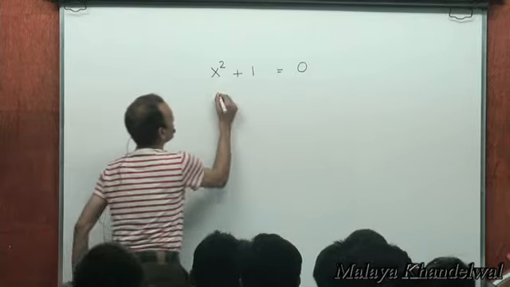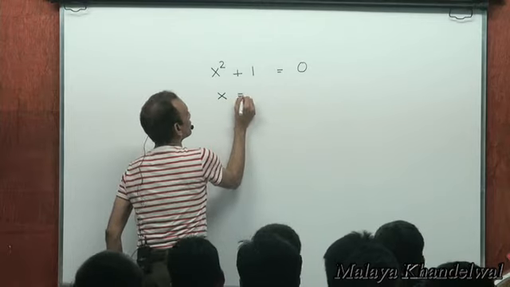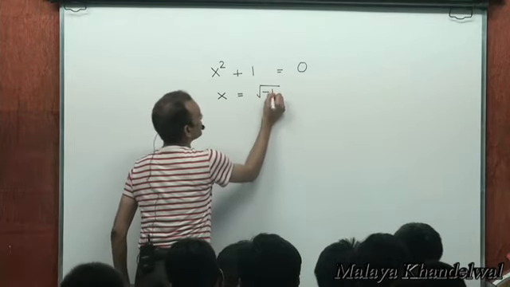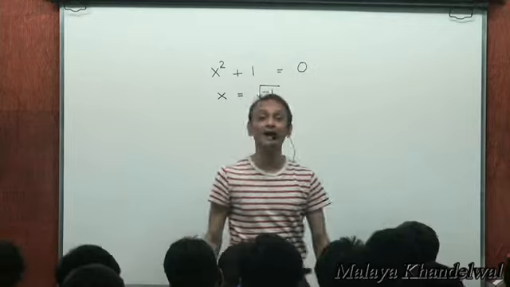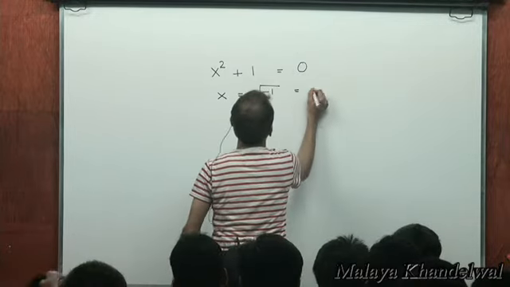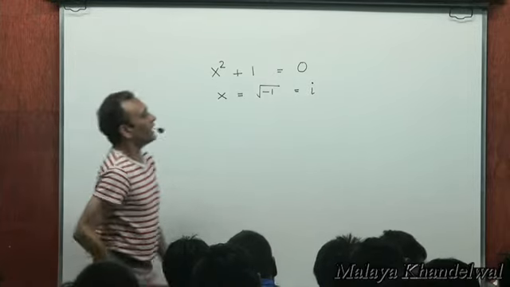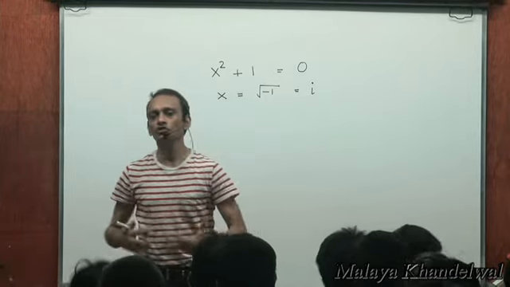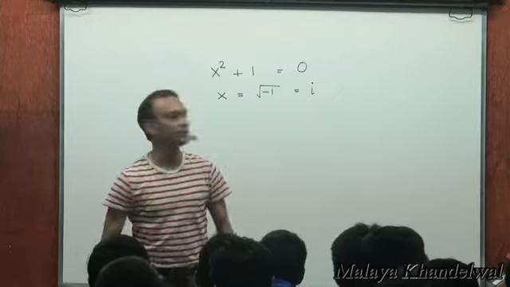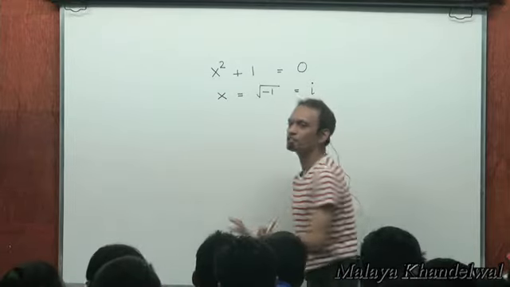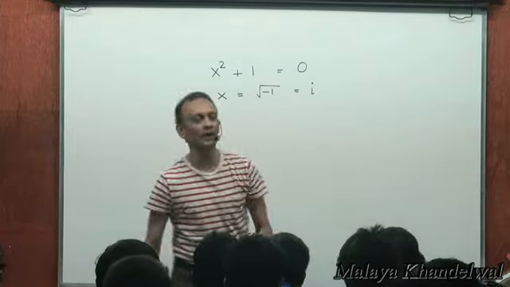So they said, all right, we would refer to this number x equal to square root of minus 1 as i or iota. And then they said, so this i is an imaginary number whose square is minus 1. i squared is minus 1.